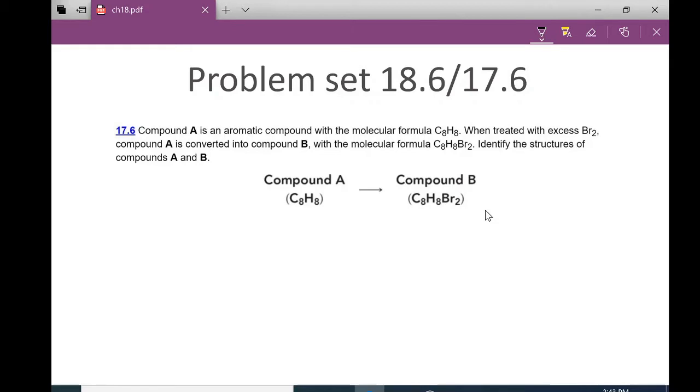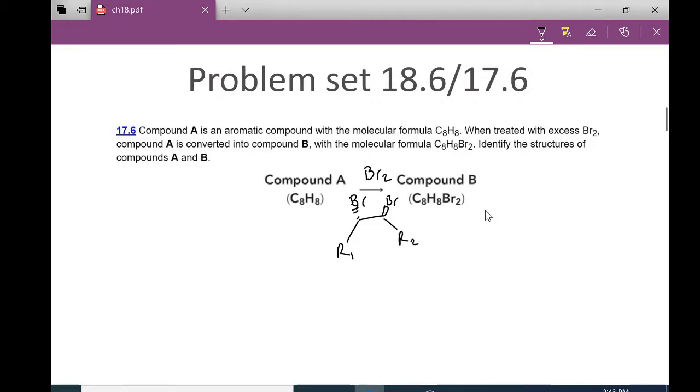What they're saying is that we're going to react this with Br2, okay? And we're going to have some kind of double bond, and we're going to get an addition reaction of bromine across that double bond, okay? And then the rest of this molecule is just something attached to that, right? So we've got to figure out what the R's are, okay? They may not even be both R's, right?